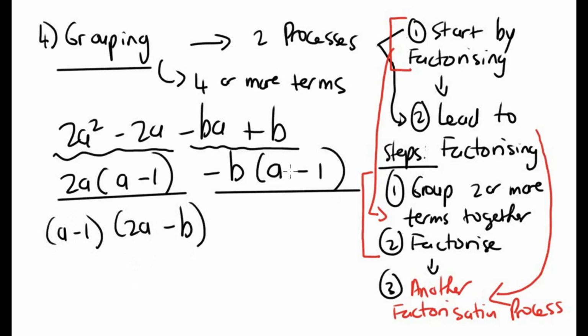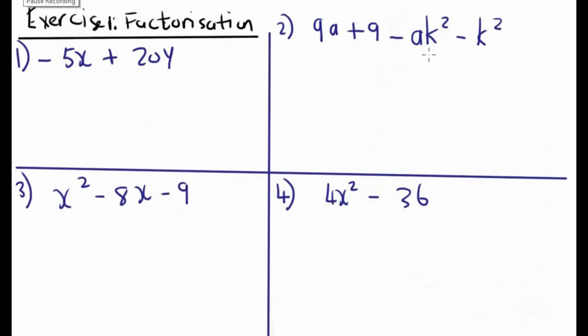So what I'd like to do now is give you 4 sums to do, and it's going to be a mixture of the 4 types of sums, so you have to identify what type of sum it is. Then we're going to do the answers for that. Now that we've gone through the examples, please complete these 4 sums.